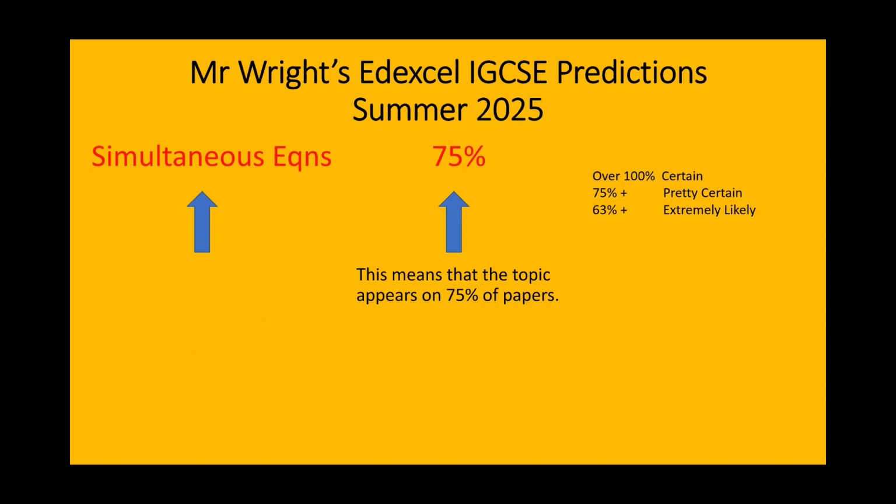It appears on 63% of every past paper. So, what's more, this film only deals with topics which have a percentage of over 63%. So every topic covered on this film is extremely likely to appear at least once across the two papers which you're preparing for.